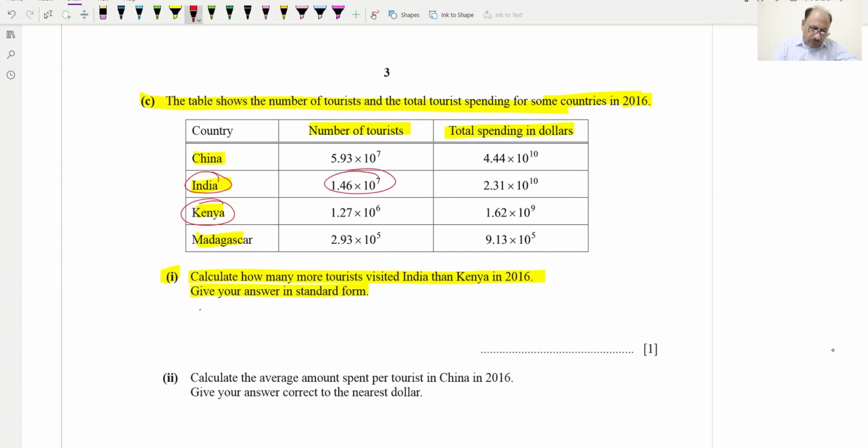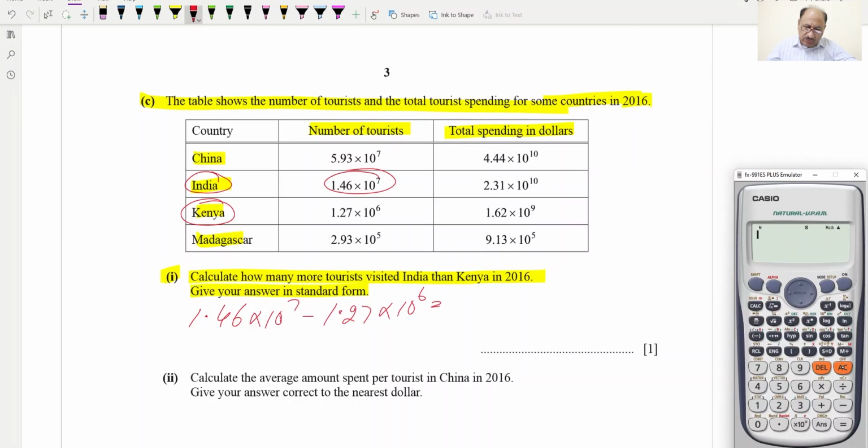So 1.46 times 10 to the power 7, and we have to subtract from it 1.27 times 10 to the power 6. We can subtract these, and the answer is 1,333 followed by 4 zeros. This is 1.46 times 10 to the 7 minus 1.27 times 10 to the power 6.